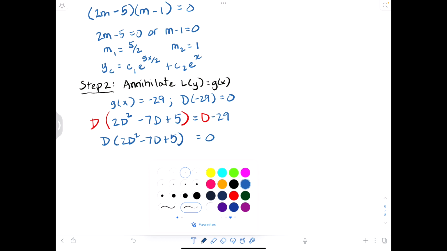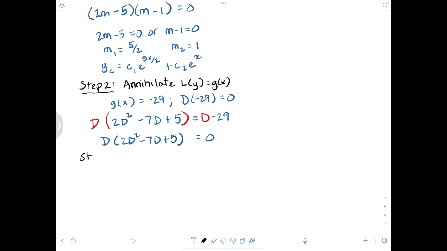Now, step 3. We want to find the general solution of this homogeneous equation.